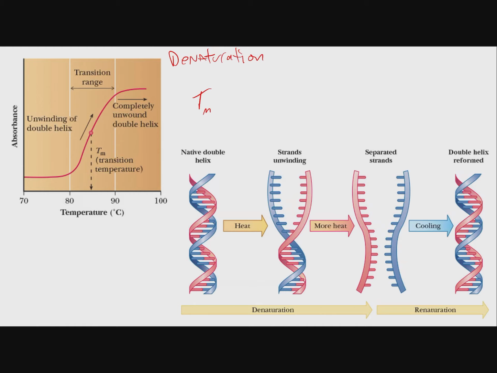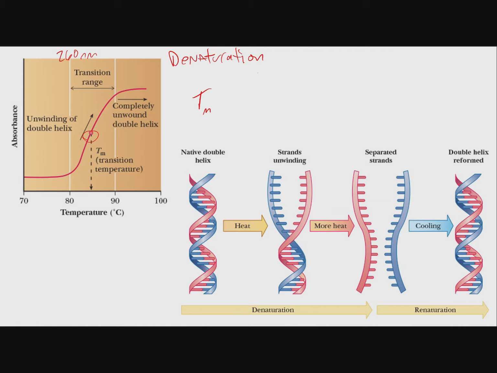As the DNA gets heated, the strands will separate. We can measure this in a lab and calculate that melting point by using light absorption. DNA bases absorb light at the 260 nanometer wavelength.